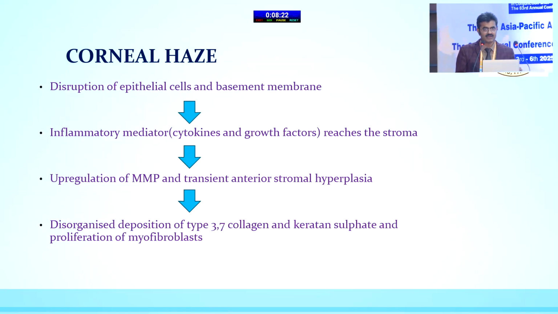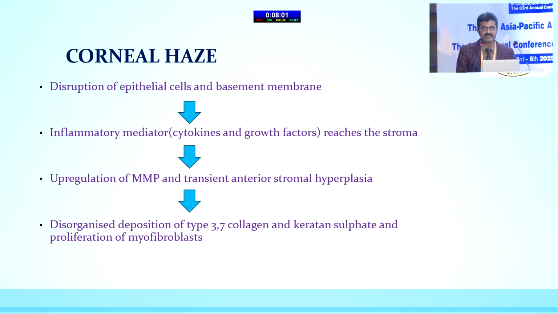These all create a release of MMP, ultimately leading to disorganized organization of different varieties of collagen, and this leads finally to a proliferation of the myofibroblasts. That leads to the haze, early or late.